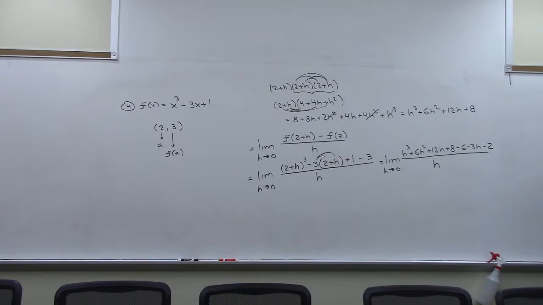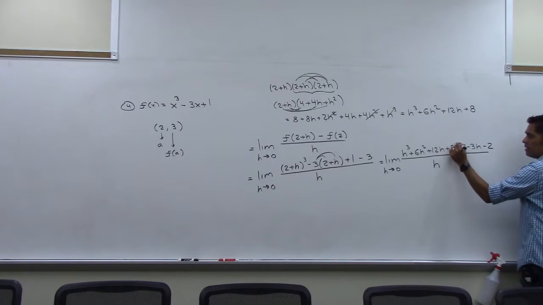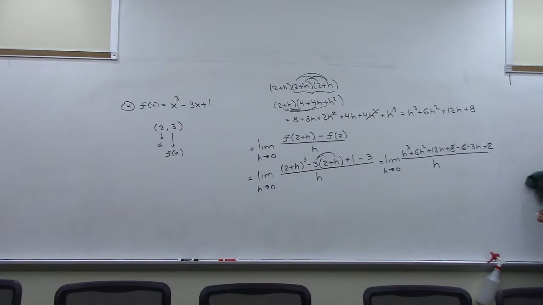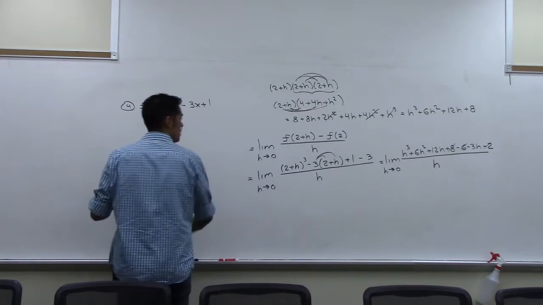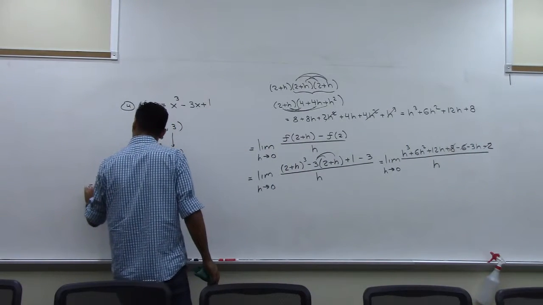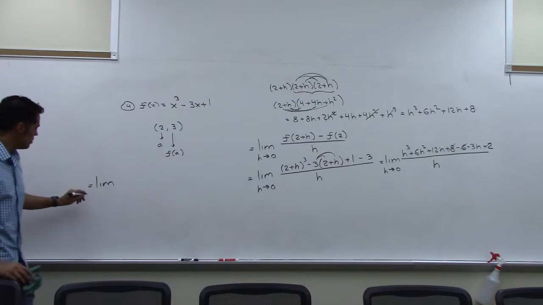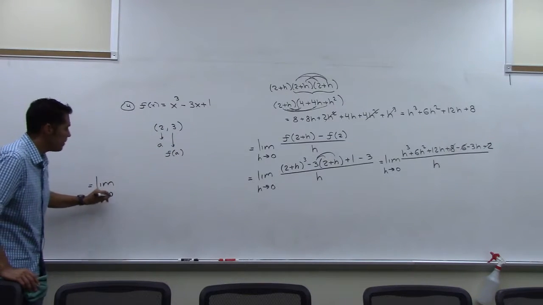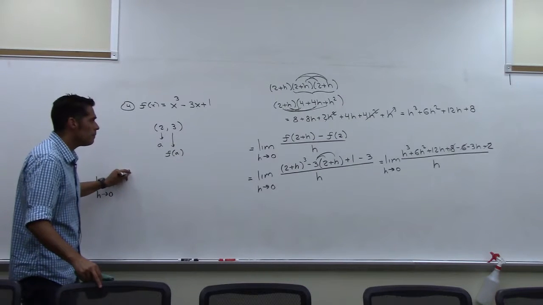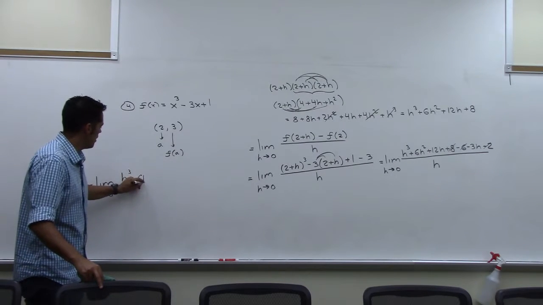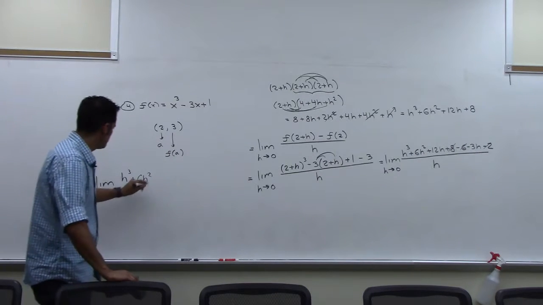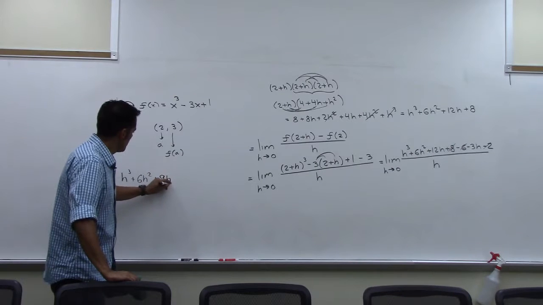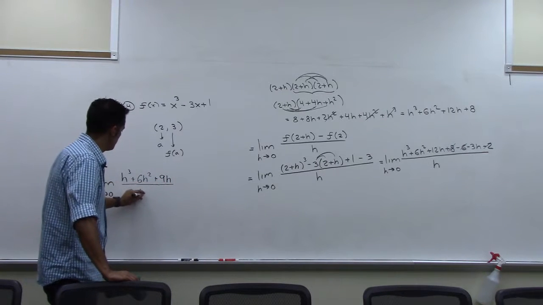Now if we've done everything right, we should be able to get this h to cancel. And I think you can see that 8 minus 6 minus 2 is 0. And everything else you have left there has an h in it. So let me come over here. This is the limit as h goes to 0 of h cubed plus 6h squared plus, what's that, 9h, all over h.